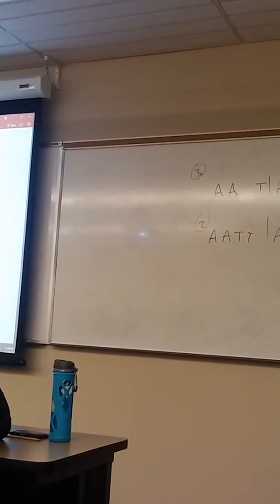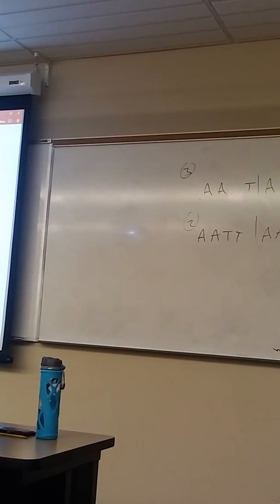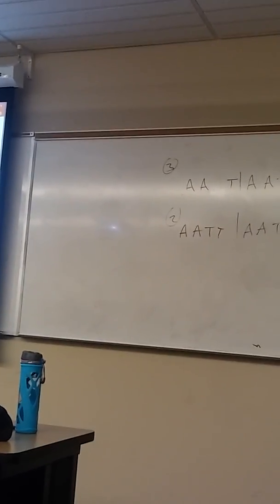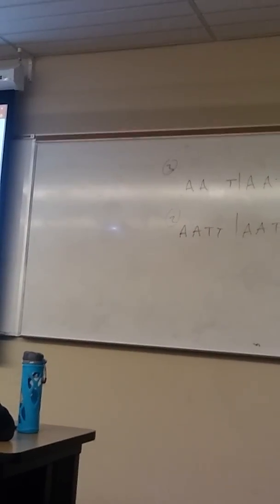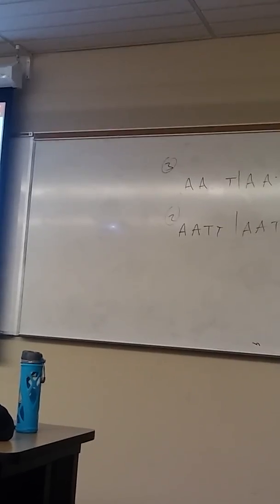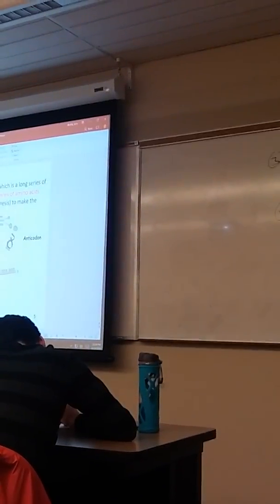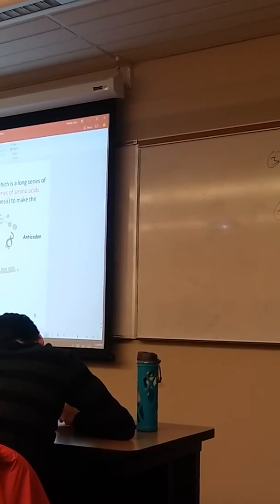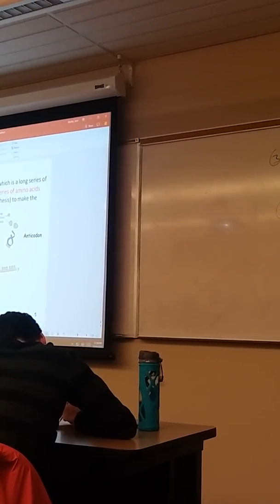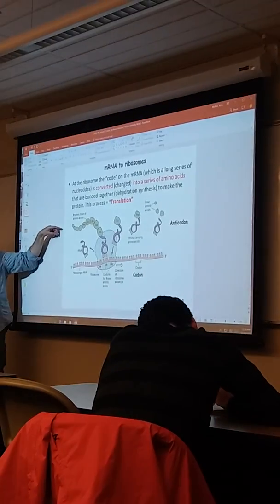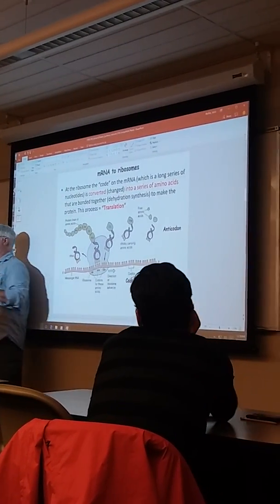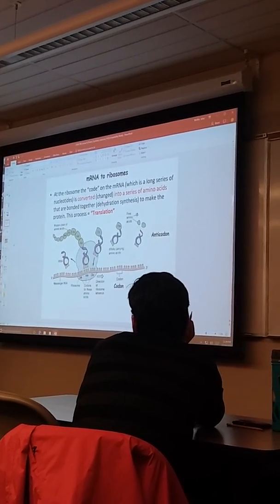So we're going to go from a sequence of nitrogenous bases, A's, U's, G's, and C's, to a sequence now of amino acids. So we're translating from a nucleotide language to an amino acid language, if you like. And it's the ribosomes and transfer RNAs that allow us to do that.